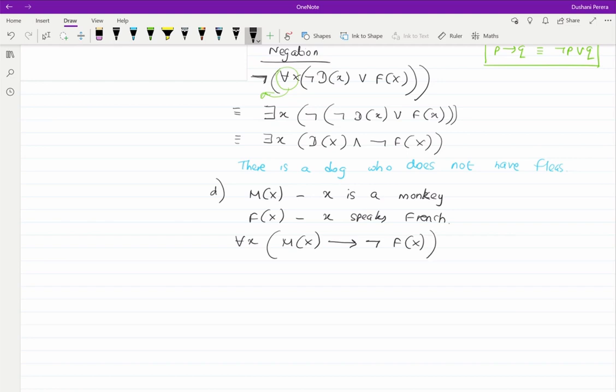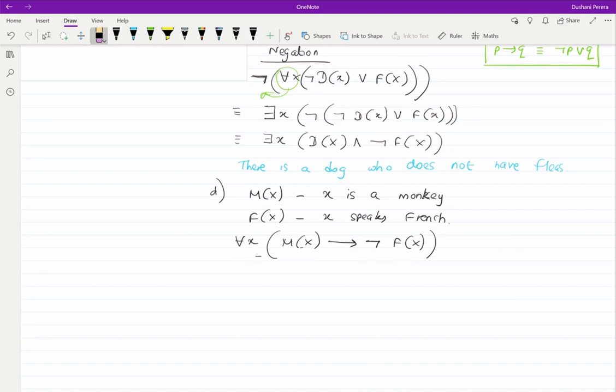This is what the question says. For all x, if x is a monkey, then it cannot speak French. This negation symbol talks about the opposite of speaking French. That means it cannot speak in French.